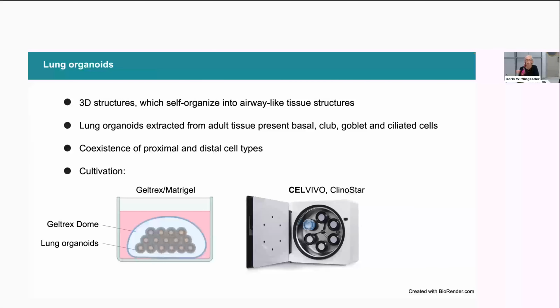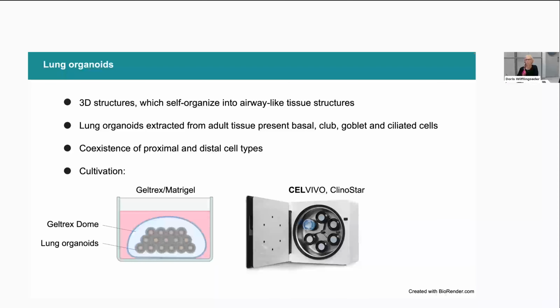Therefore, in this case, we did a direct comparison of the growth and differentiation of apical-out organoids within gel matrices, so using Matrigel, versus the growth within the Cell-vivo ClinoStar, where you don't need any scaffold.